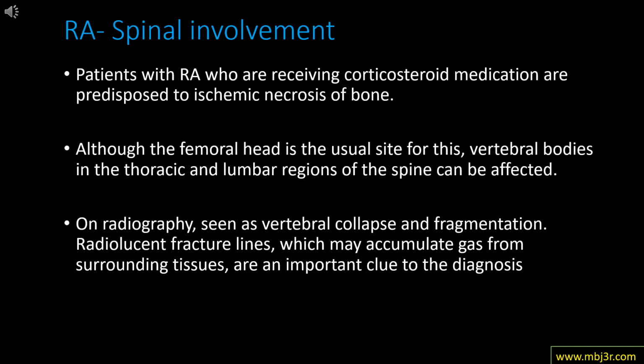Although the femoral head is the usual site for this, vertebral bodies in the thoracic and lumbar regions of the spine can be affected. On a radiograph it is seen as vertebral collapse and fragmentation. Radiolucent fracture lines, which may accumulate gas from the surrounding tissues, are an important clue to the diagnosis.